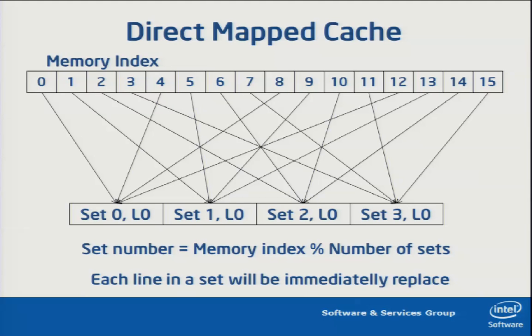So you can store memory index 4 only in the 0 set. Right? So you can store 1 single entry from the 1 index only in a single set. So essentially, what will happen is that 1 line that is not identical with the previous stored line will be immediately replaced.